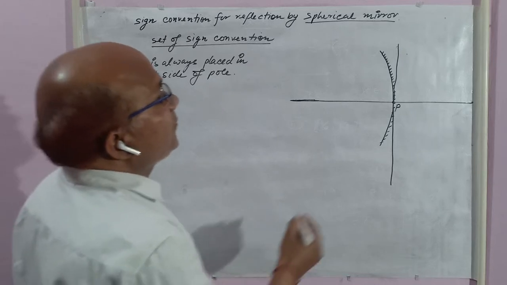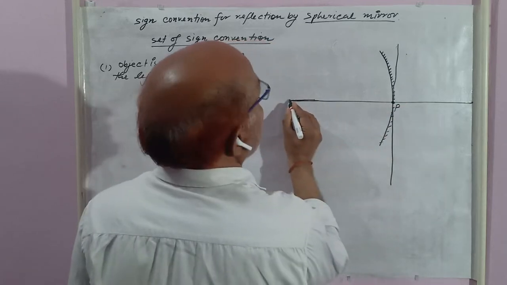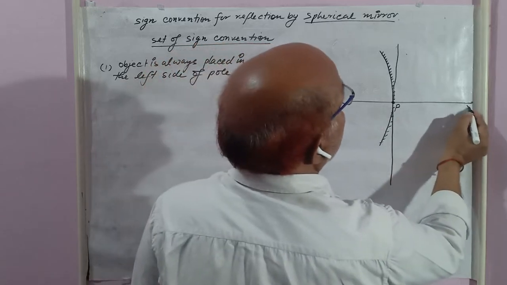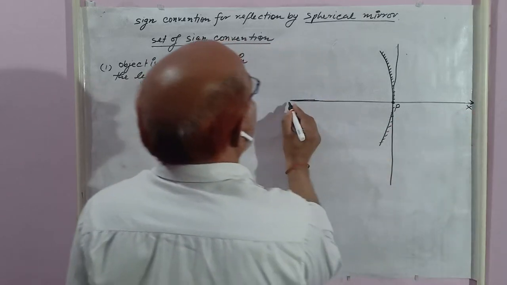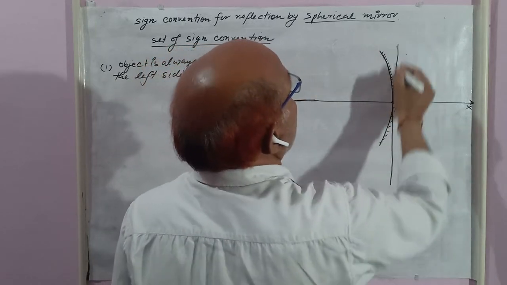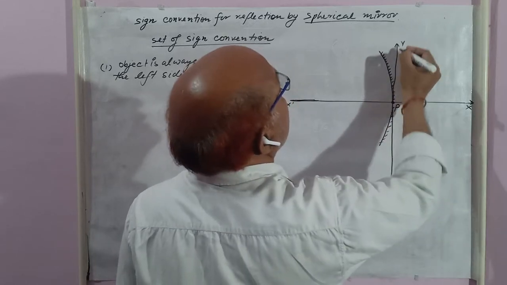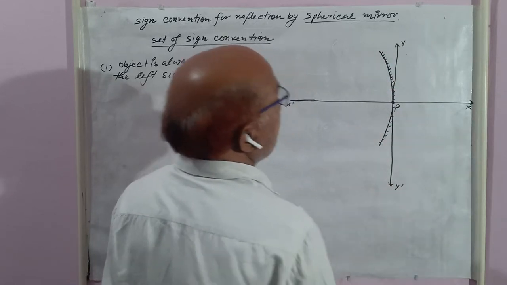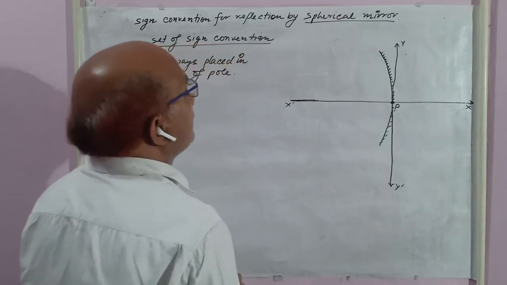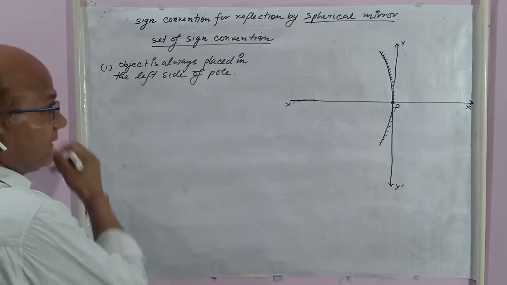In this convention, the pole is taken as the origin, and this is the principal axis. It is taken as the x axis and this is the y axis. So the pole is taken at the origin. So the object is always placed in the left side of the pole.